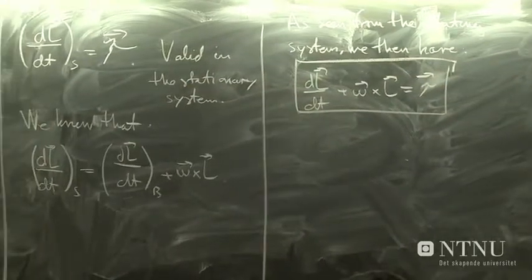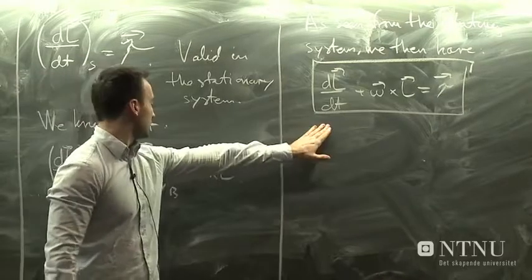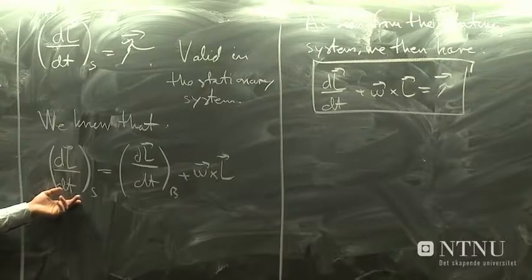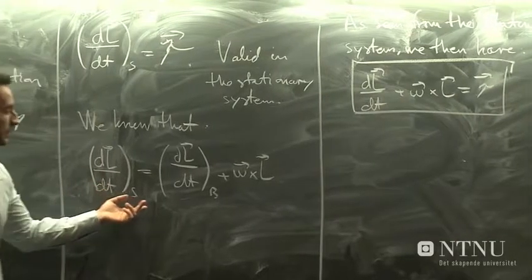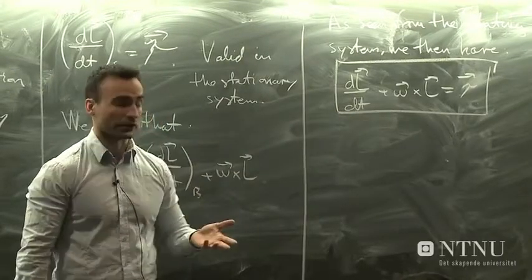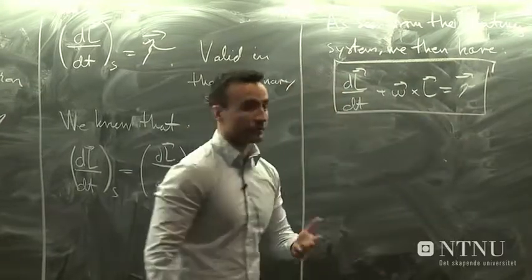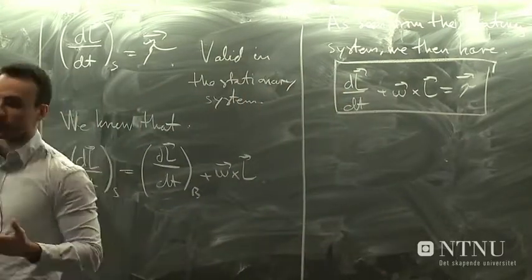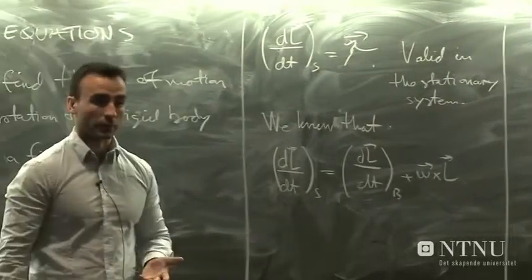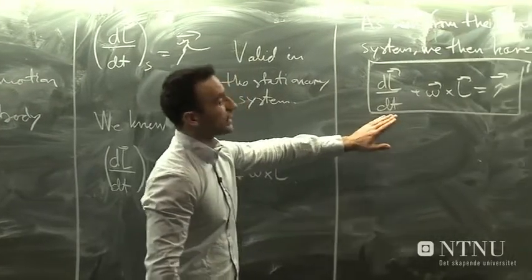So as seen from the rotating system, we have the following equation of motion. I've just substituted the torque onto the left-hand side here. So dL/dt now is implicitly assumed to be seen from the body, the rotating system. And tau is just a vector. So if it can be represented in the stationary system, we can always represent it in the rotating system as well. So this equation is valid in the rotating system.